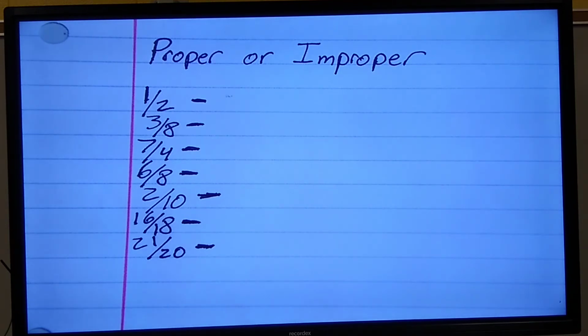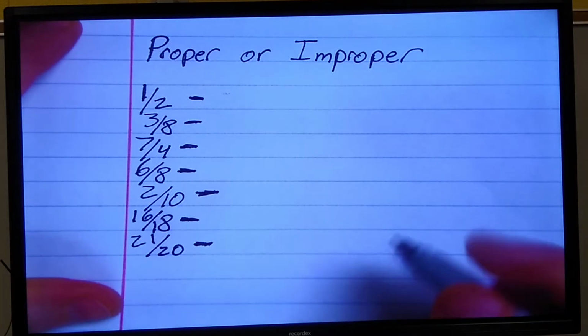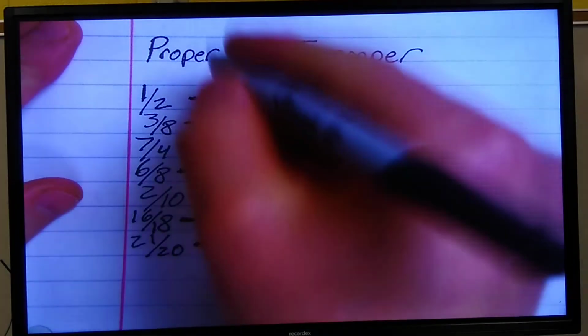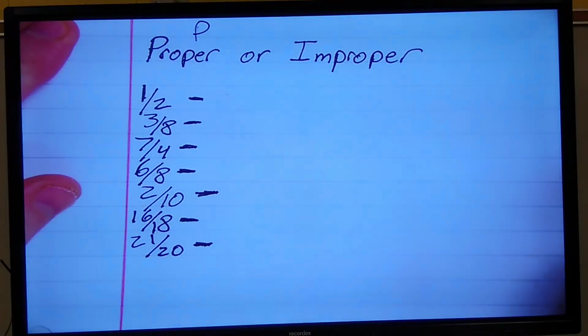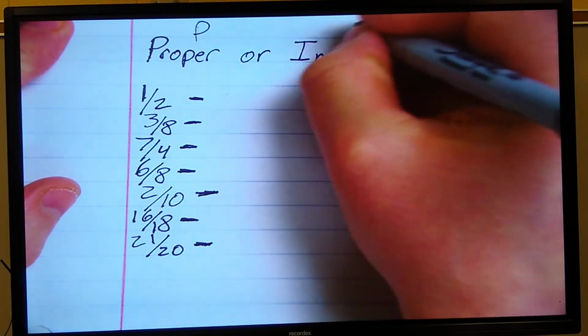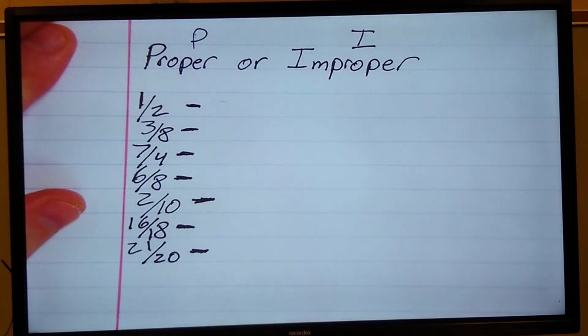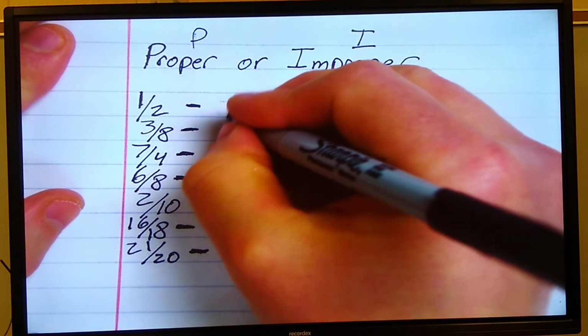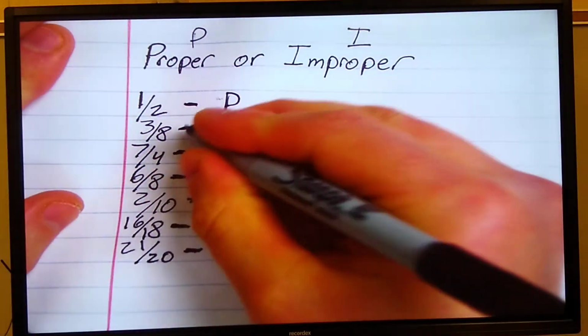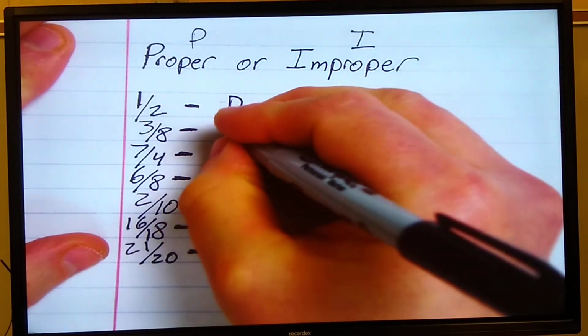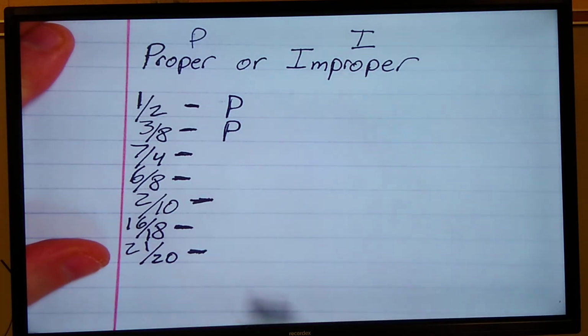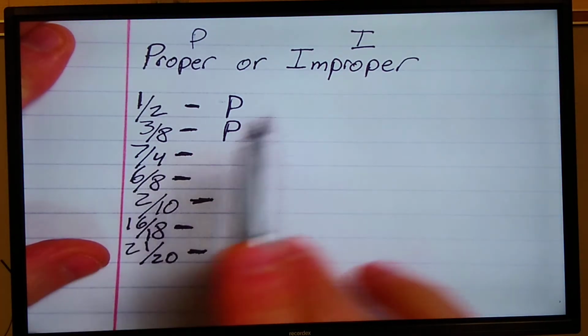All right, let's see how bad you did. Now for proper, I'm going to put P. For improper, I'm going to put I. All right, 1/2. That would be proper. 3/8. Proper. 7/4.